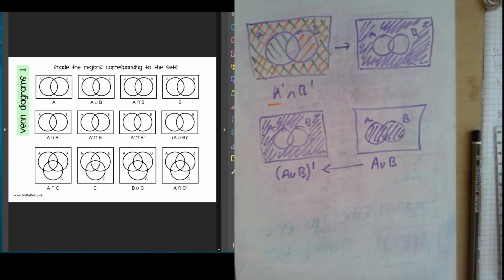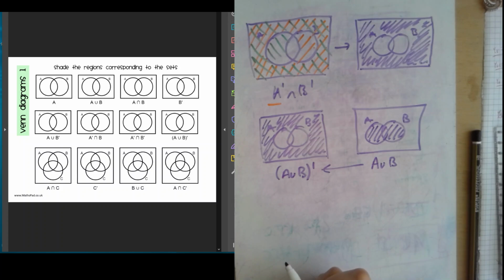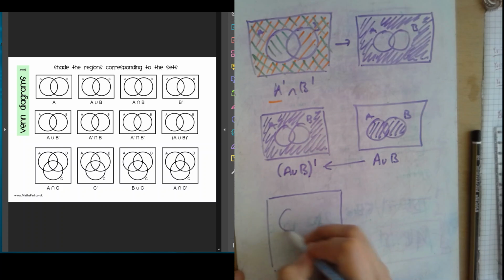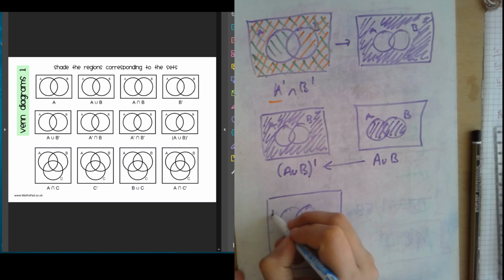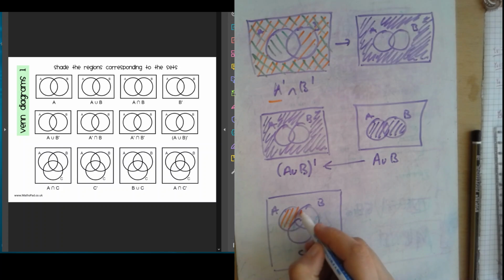Anywho, moving on to this last row here where it says A and C. You'll notice it's got 3 sets, but you can still use the same method. I've got A, B, and C. Okay, so we are now just going to look at A. So A would be my orange.